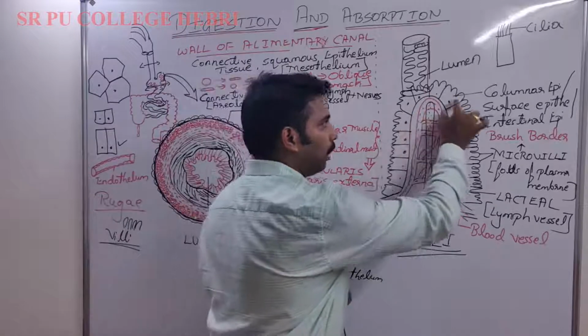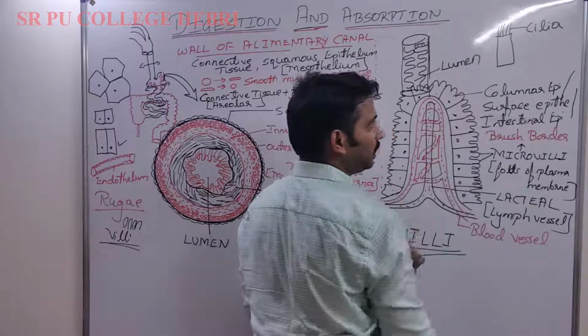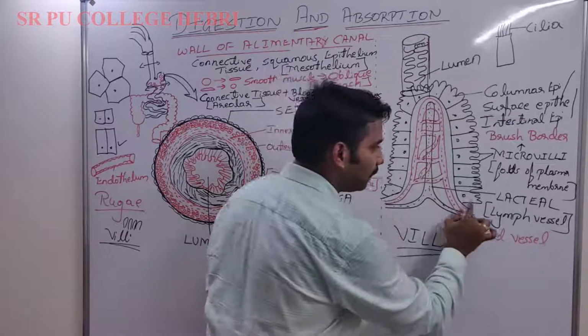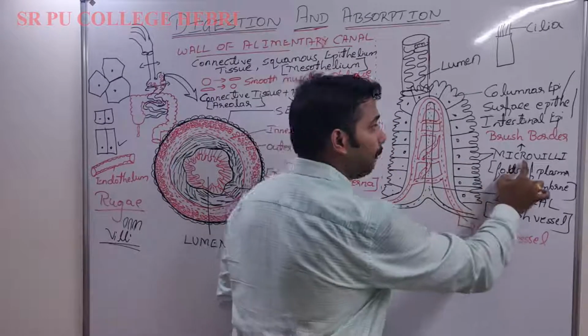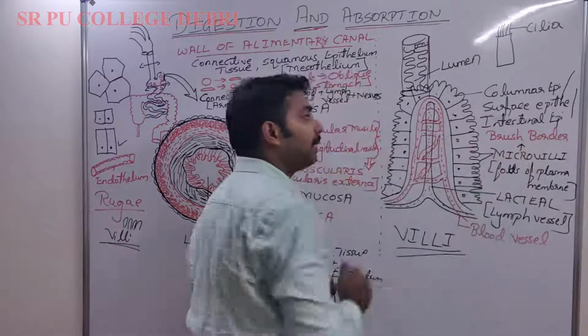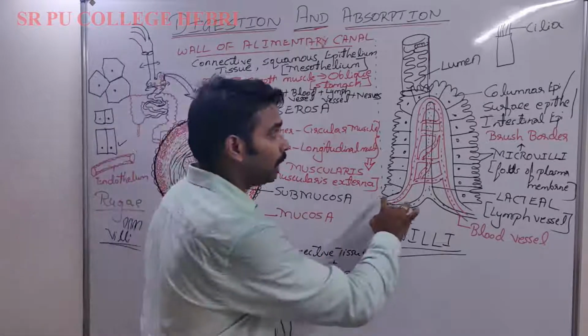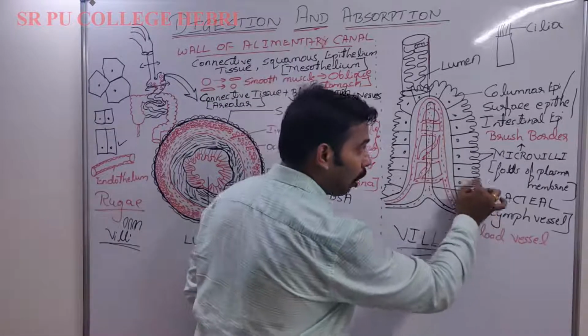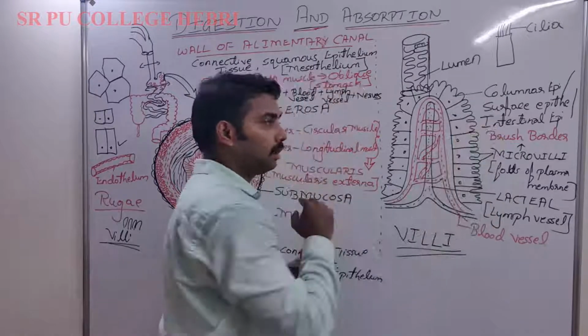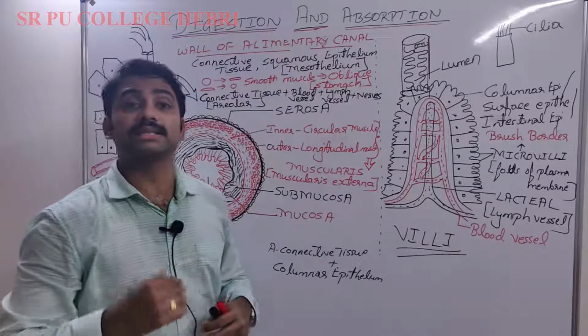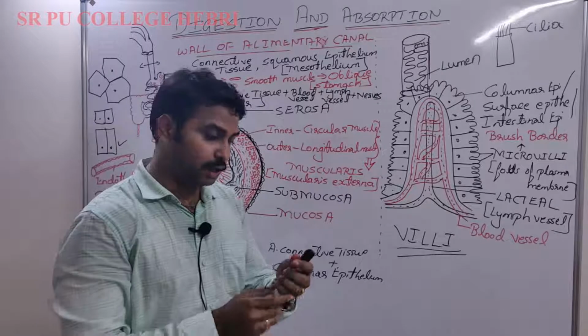Along with that, on the outer side is the surface epithelium, nothing but columnar epithelium, which bears microvilli, which gives the brush border appearance. Last statement: villi along with microvilli increase the surface area for absorption.